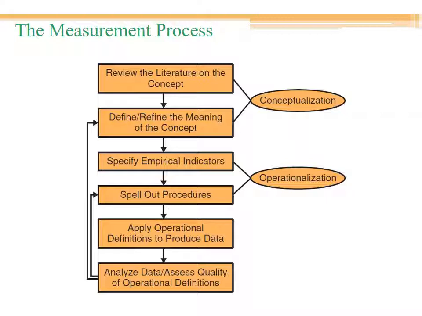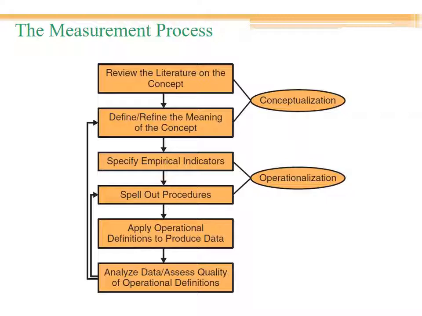One way to do this is to specify empirical indicators. An empirical indicator is a proxy for a concept such as a questionnaire item in a survey. For our movie example, an empirical indicator would be the star rating system.